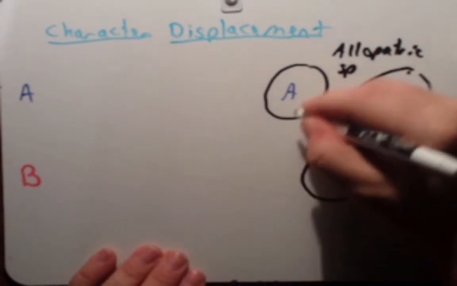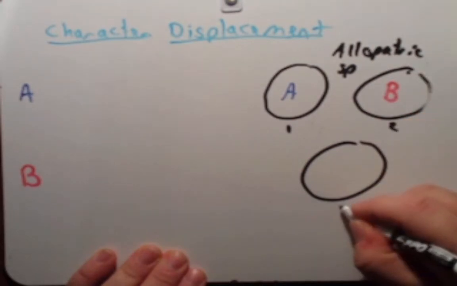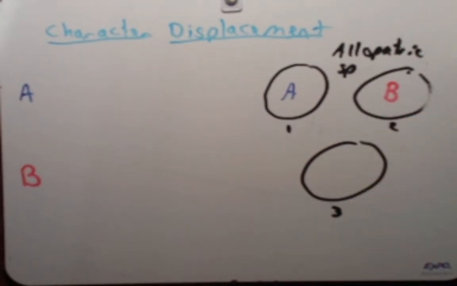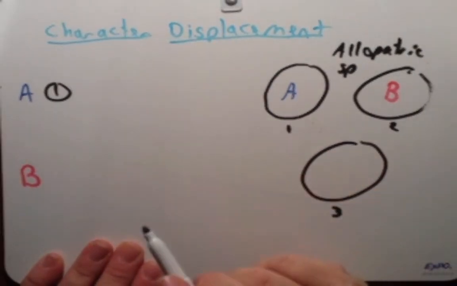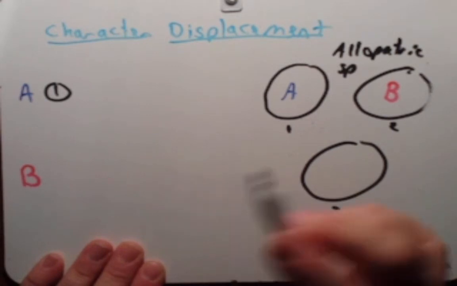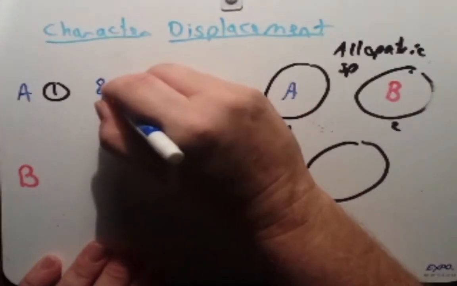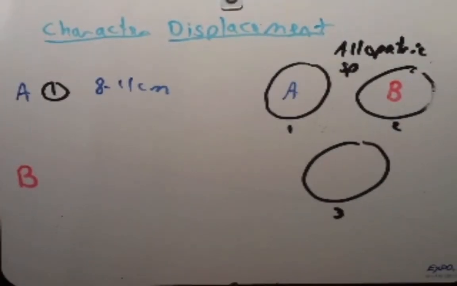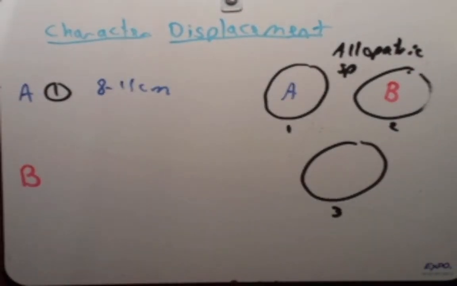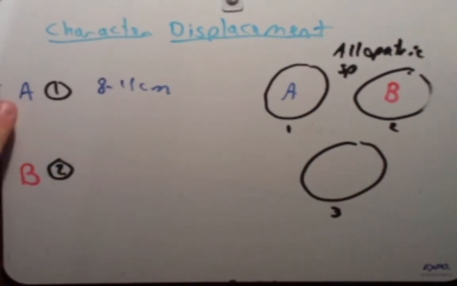They're not competing for the same resources, and because of that, when they're on these islands, and let's number these islands, let's call this island 1, this island 2, and this island 3. So on island 1, the beak size of species A is between roughly 8 and 11 centimeters. And remember, the size of the beak is proportional to the kinds of food they eat. On island 2, species A doesn't exist, but species B does exist.